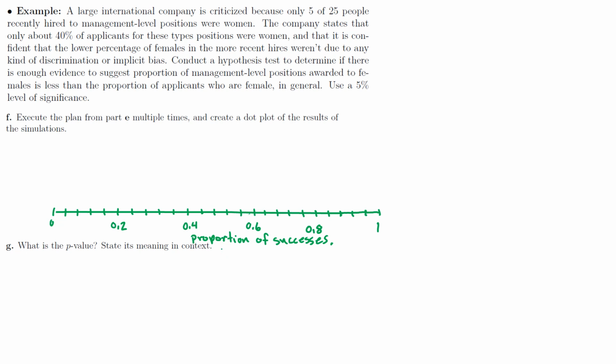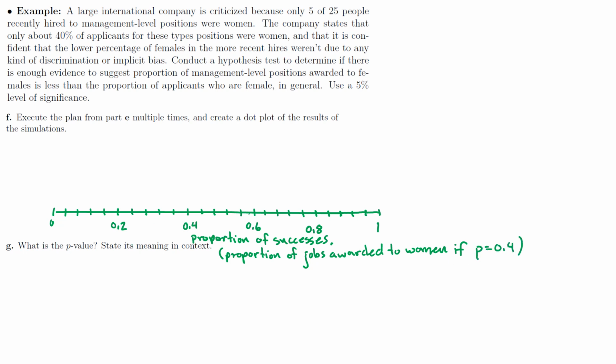It's representing the proportion of jobs awarded to women, okay, under the assumption the null hypothesis is true. If the true proportion is 0.4.